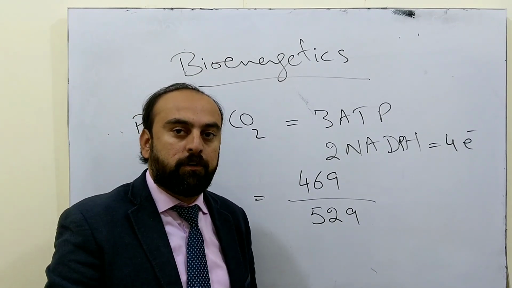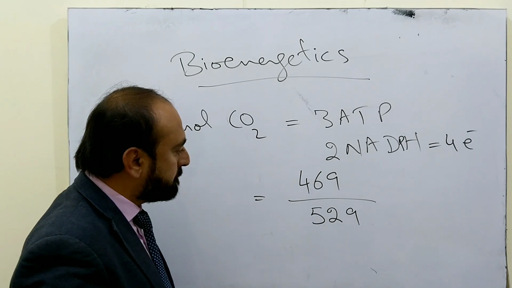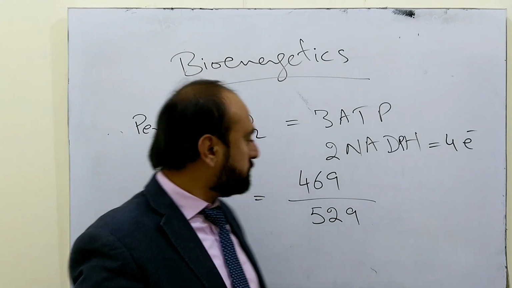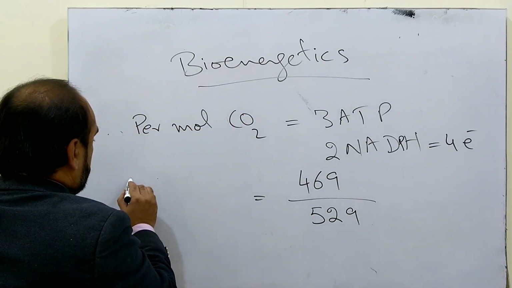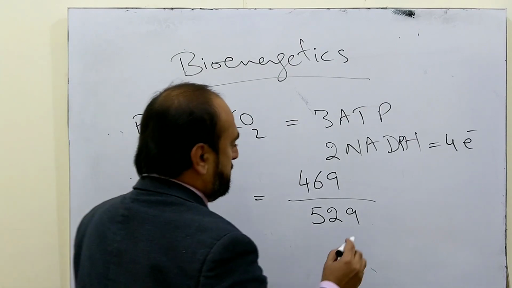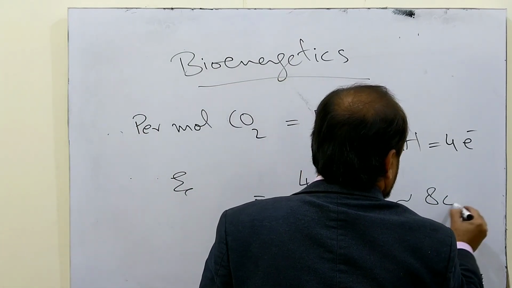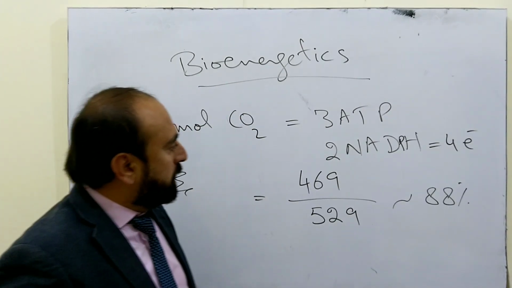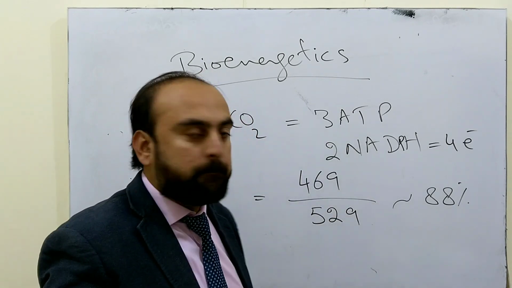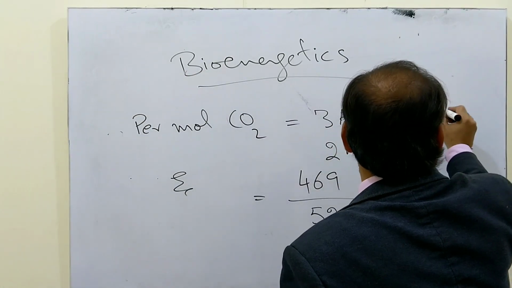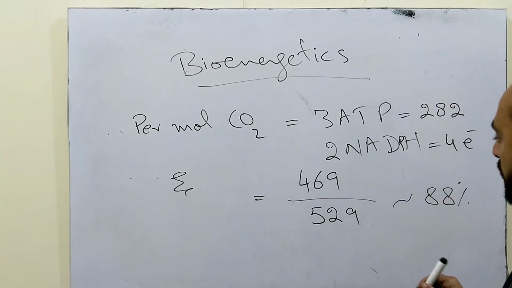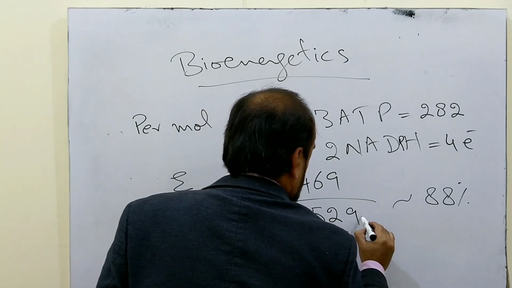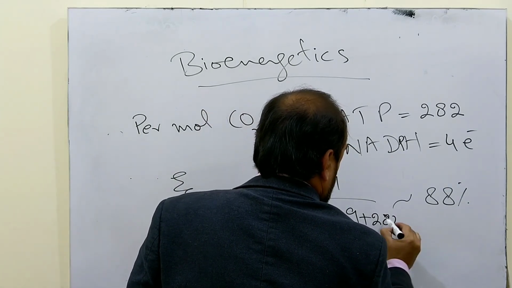So if one hexose sugar is oxidized, it will release this much of energy. So this becomes energy efficiency of approximately 88% or 90%. And if we include the input of ATP, that is equal to 282 kilojoule per mole, we add this to here.